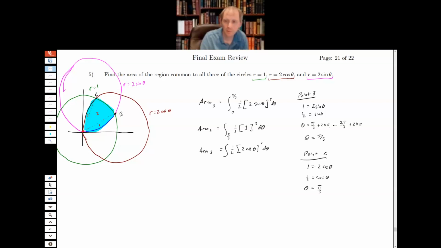I messed that up. Be careful doing unit circle in your head. The sine value that gives me 1/2 is pi over 6. When I take pi minus that, I get 5 pi over 6.